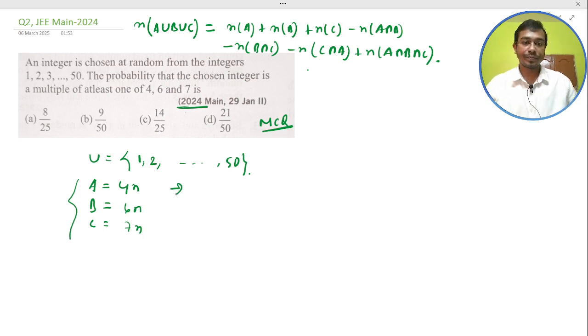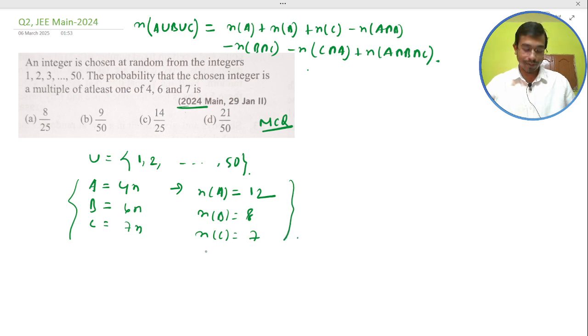So, n of A is what? 12. n of B is 8. n of C is 7, from this set.